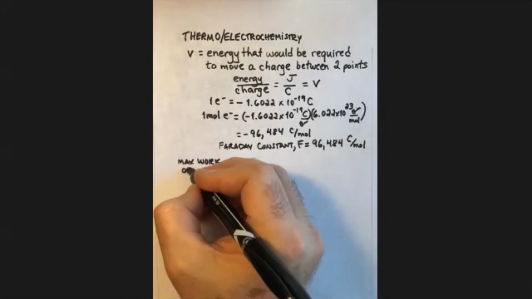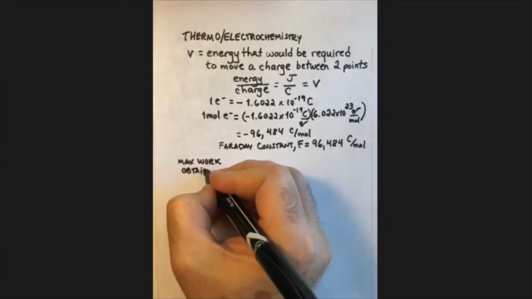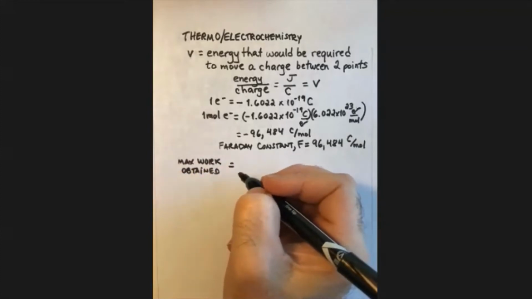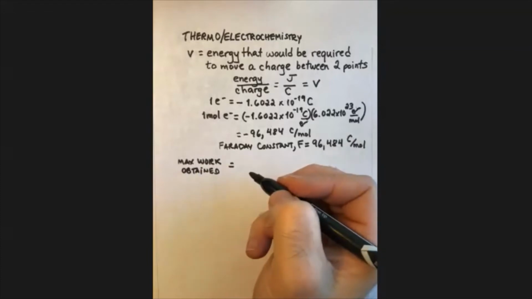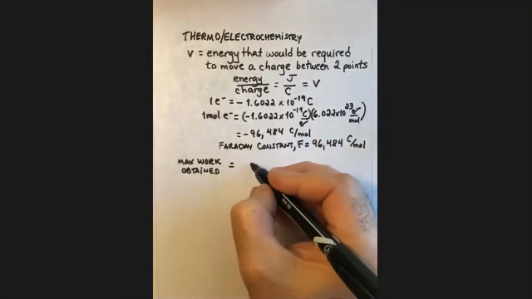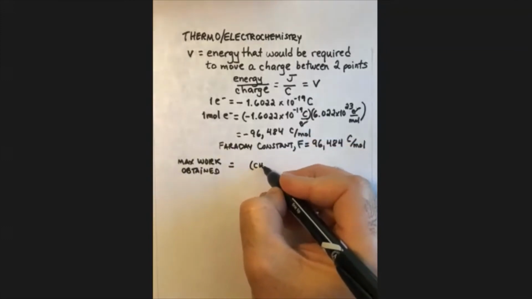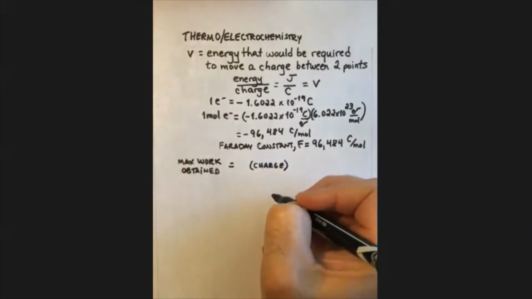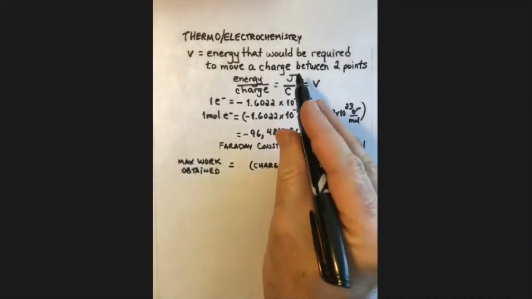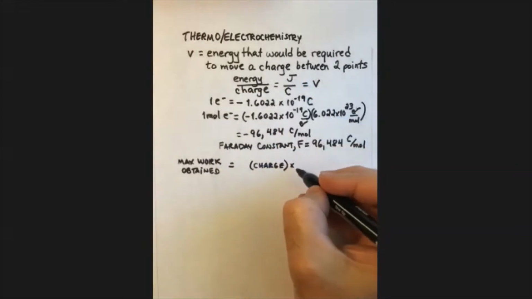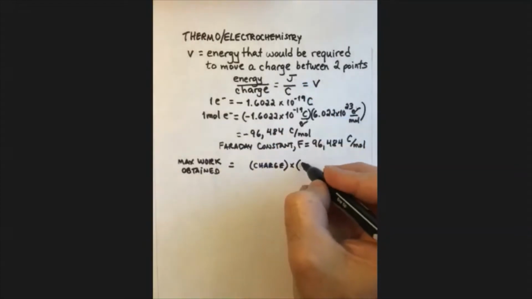Maximum work that we can obtain. Well, essentially, we're talking energy. Now, we are going to say the following. Number one, like we said, how many charges are we going to be able to move? And what is the potential? In other words, what is the energy that would be required to move those charges? So this will be the potential here.